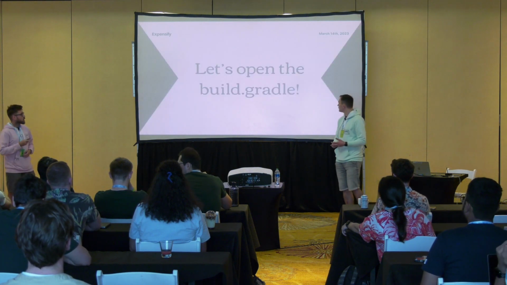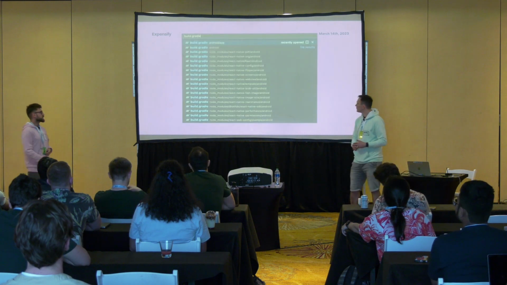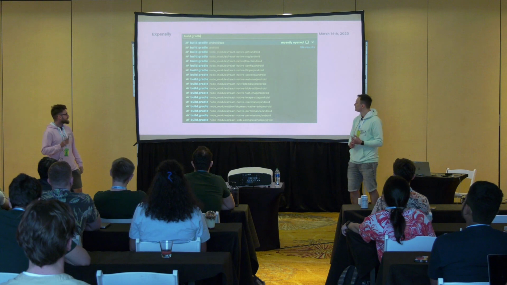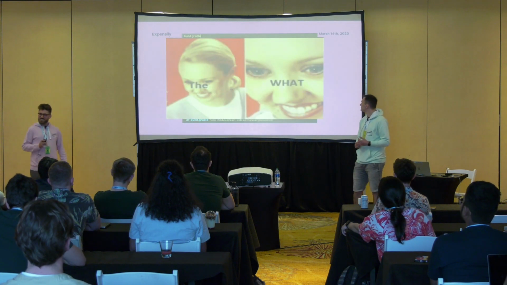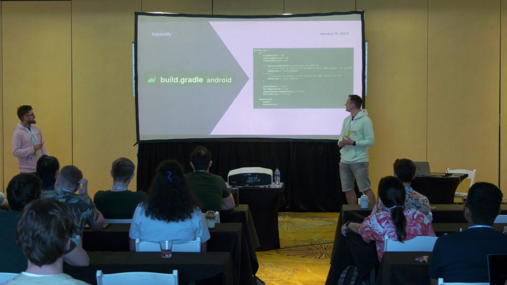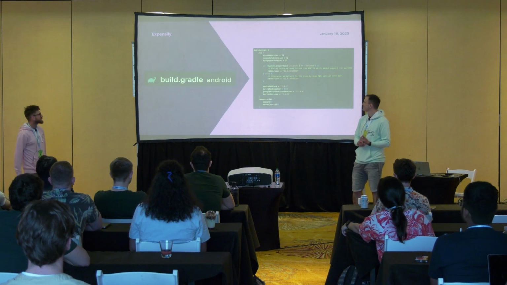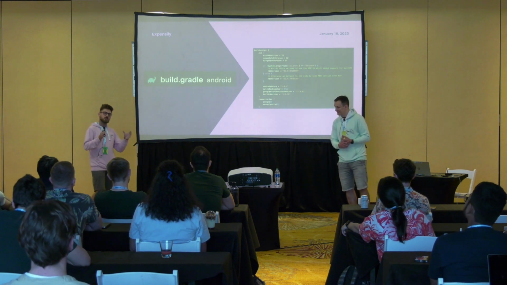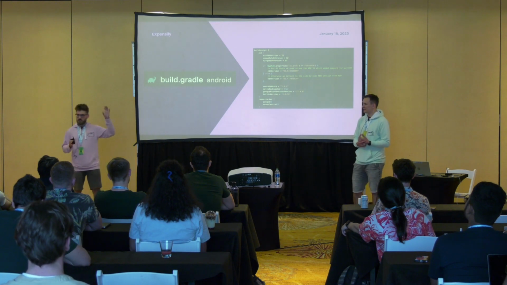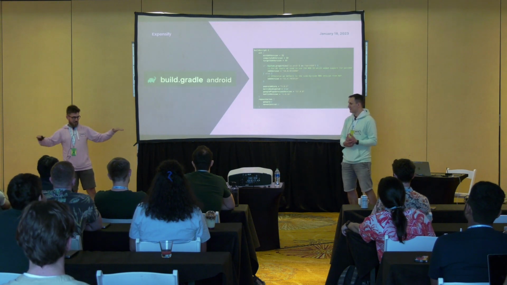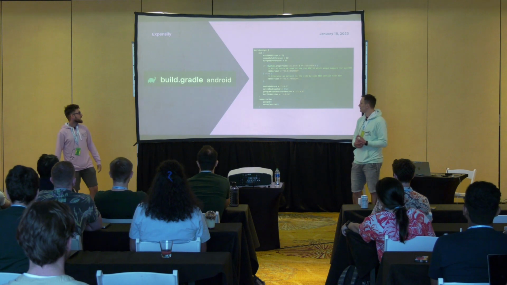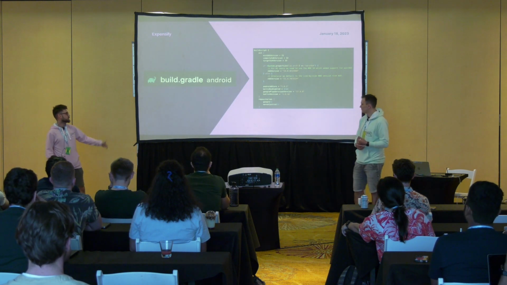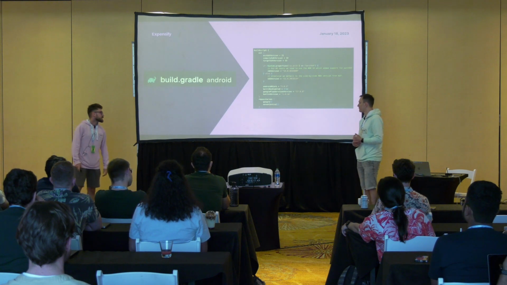But well, let's open the build Gradle. And then, yeah, there are quite a lot of them. So you may think that it's a bit problematic. So here we are to explain what they mean. Actually, there is one build Gradle on the top level that spreads configuration to other build Gradles. So you can see an example of this so-called Android build Gradle here.